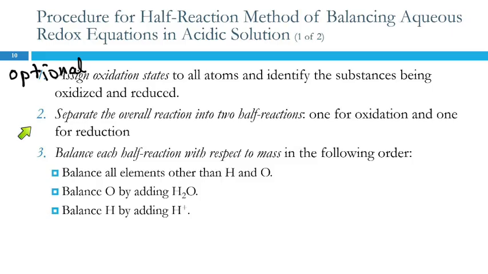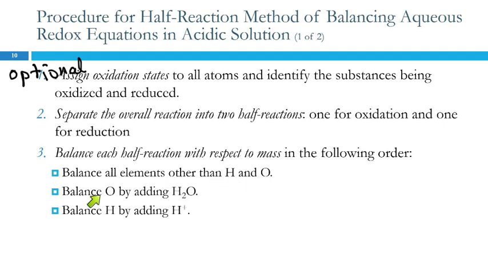After you make those two separate half reactions, you balance each of those separately. First, with respect to mass. This is regular balancing. How many carbon atoms on each side? How many hydrogen atoms? So you're going to balance everything besides hydrogen and oxygen.